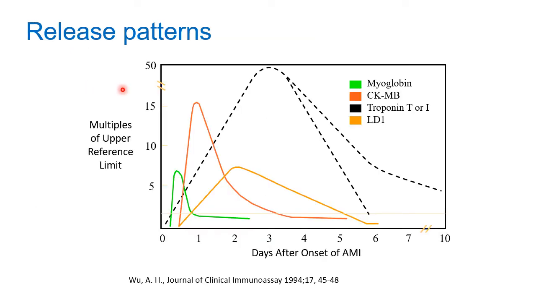So this is to show that the various markers have different time courses of elevation in the context of an MI, although these markers have been largely superseded by troponins, which typically rise early and may stay elevated for 10 to 14 days.